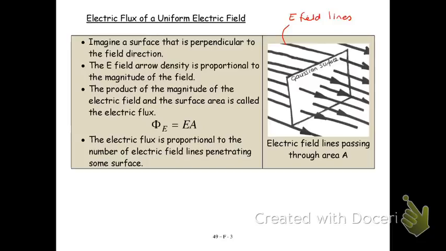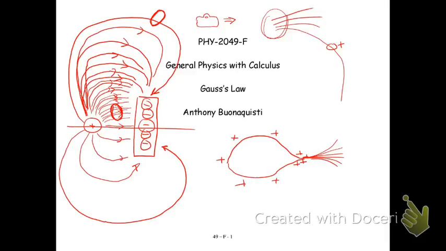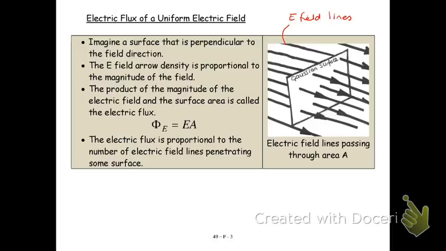Describe to me their orientation in terms of math terms. The parallel, yeah. These are not parallel. These are diverging and converging and all that. These are nice and parallel. That's a uniform field.